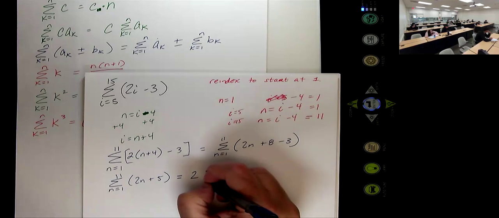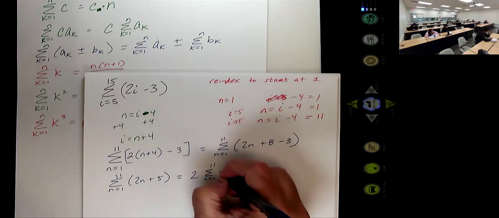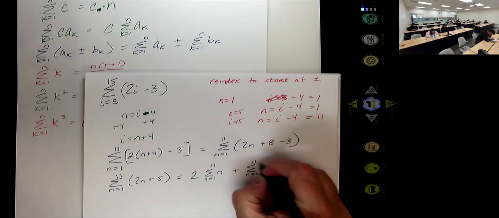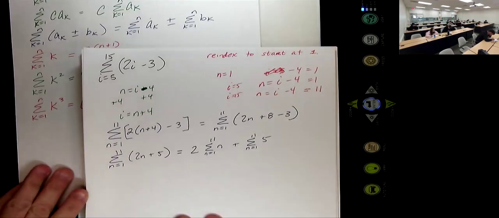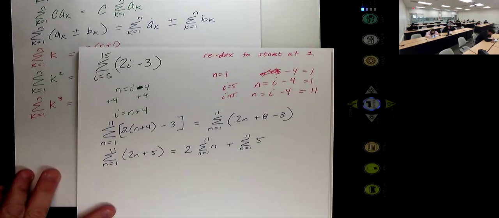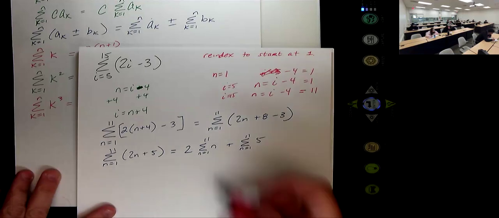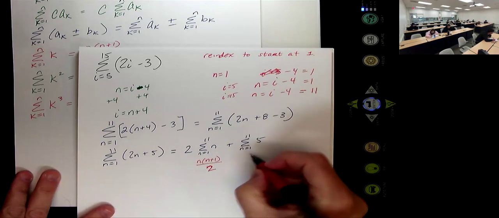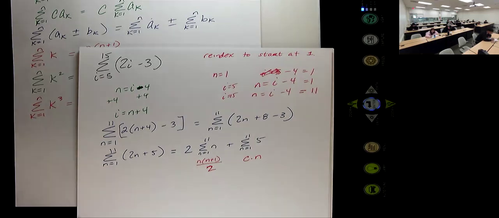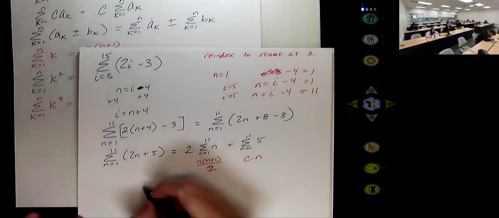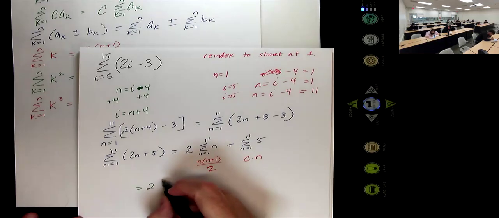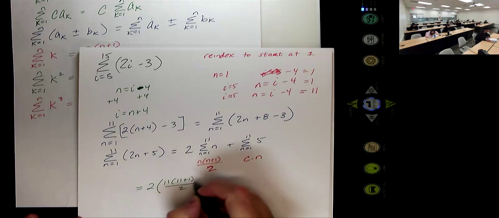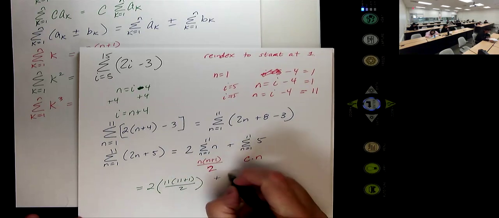I'm gonna split this up so that I put the coefficients outside, and then I can take advantage of our formulas. That's n times n plus 1 over 2. This is the sum of n. So I'll have 2 times 11 times 11 plus 1 over 2, plus 5 times 11.